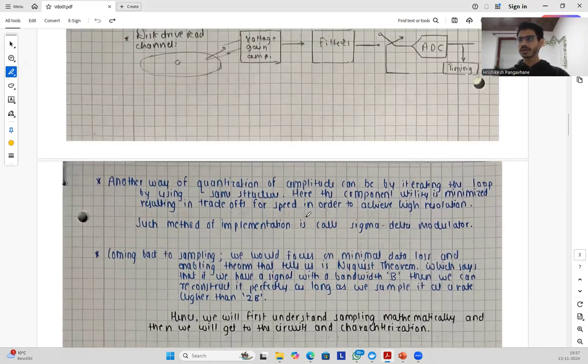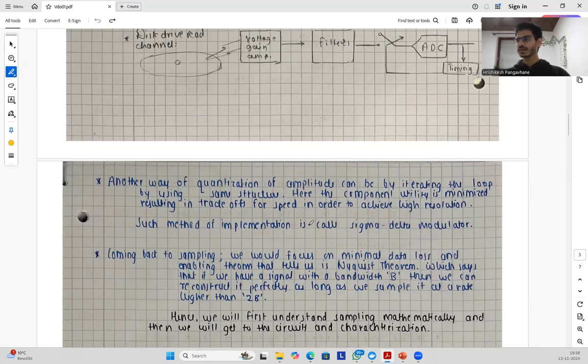And coming back to sampling, we would focus on minimal data loss, and enabling this is the theorem about sampling derived from the Nyquist theorem. Let's first look at the definition.